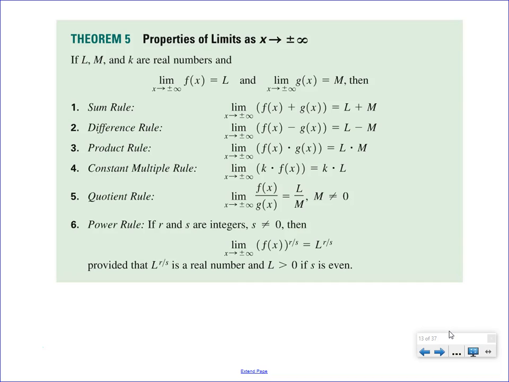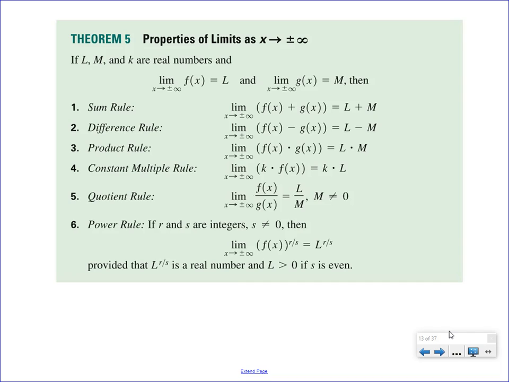Now, looking at these and with your background in differentiation, can you tell me which of these are mimicked in the properties of derivatives, and which of them are not? 1 and 2, definitely. 4, definitely. Is 6?